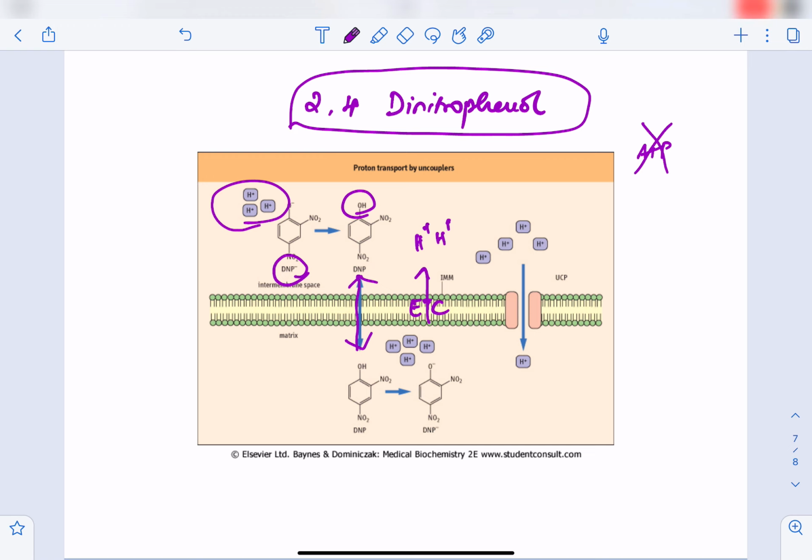Previously this was used as a drug for weight loss, but because it is an uncoupler it is toxic and dangerous. The cells can be depleted of ATP. Due to the various side effects, it is not being used now.